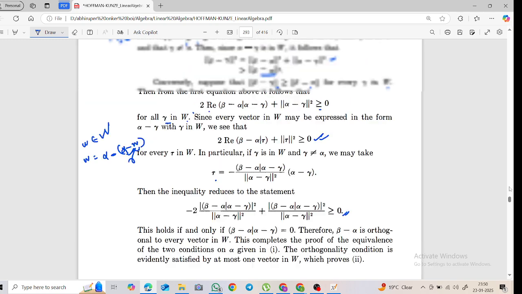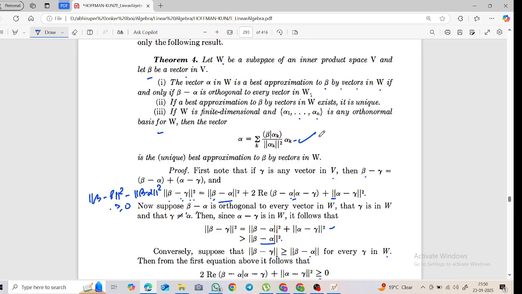Yes, that is right. If alpha is the best approximation of beta, this is how it looks. So we will apply this.